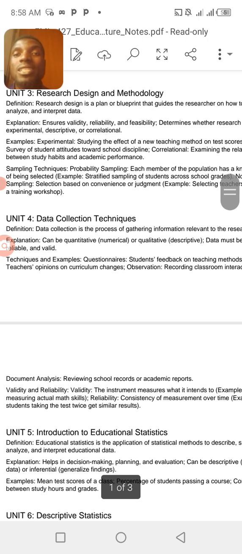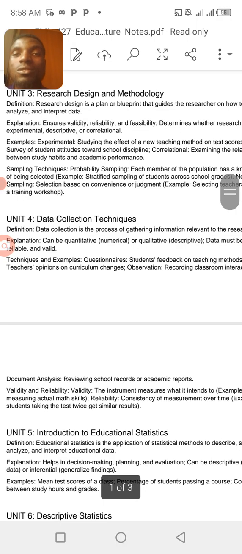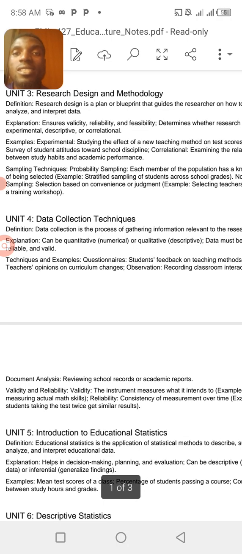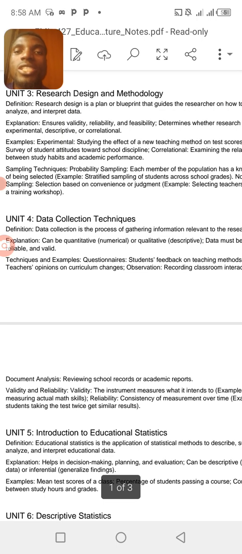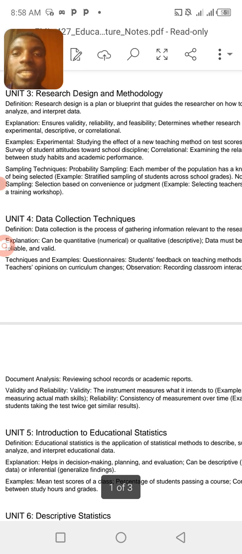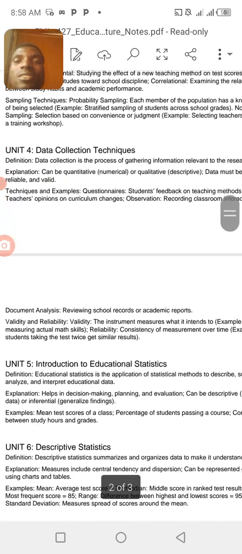And one of the ways you can detect that is through evaluation of the student, through giving them tests and examinations, and you can rate whether the new teaching methodology actually has an impact or effect on the student's performance.